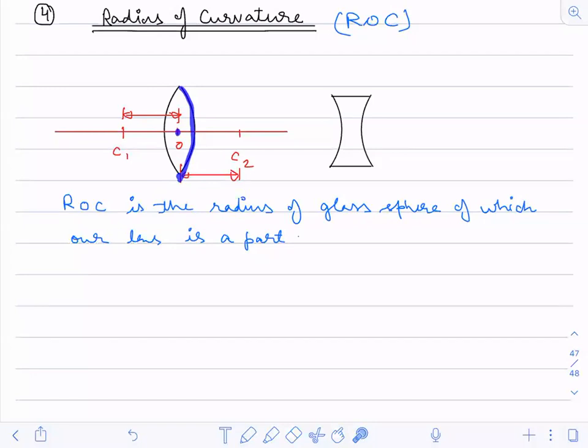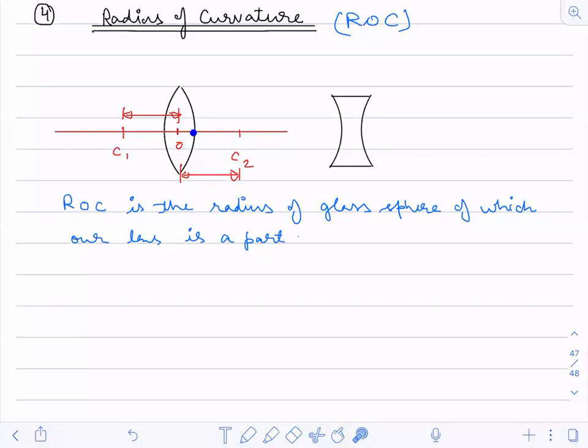The distance between the optical center and this curve which I'm drawing over here. Is this distance very, very small, almost negligible, or is it somewhat like you should not neglect?